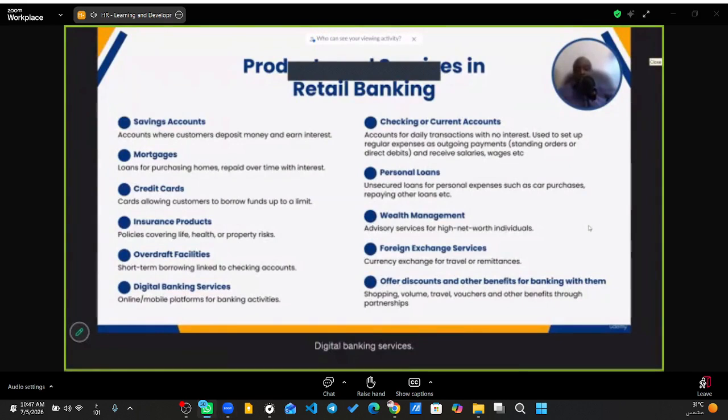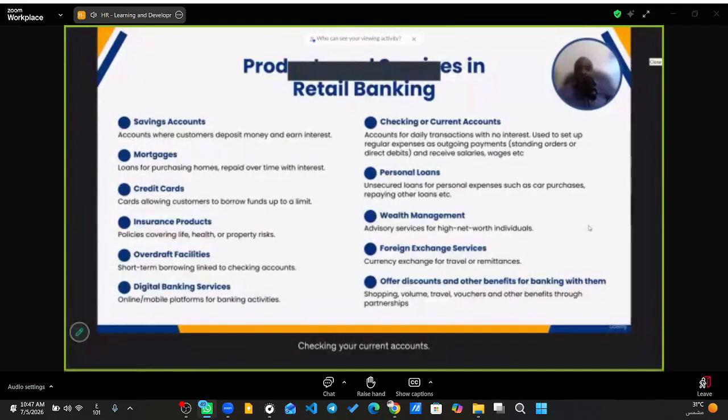Digital banking services. Most retail banking companies or businesses provide some kind of digital interface these days. These are online and mobile platforms for banking activities, where you can do many of these things we're discussing here on your app or online on your computer, make applications, contact the bank, look at your bank balances, and so on and so forth.